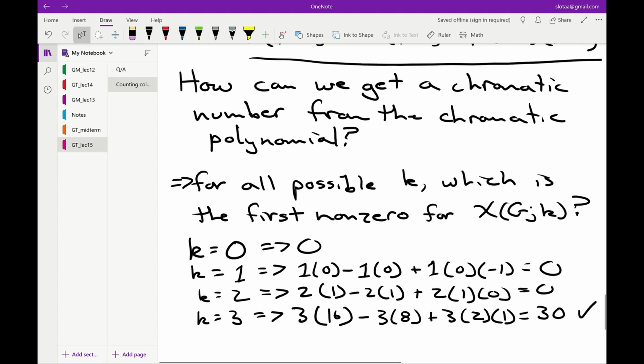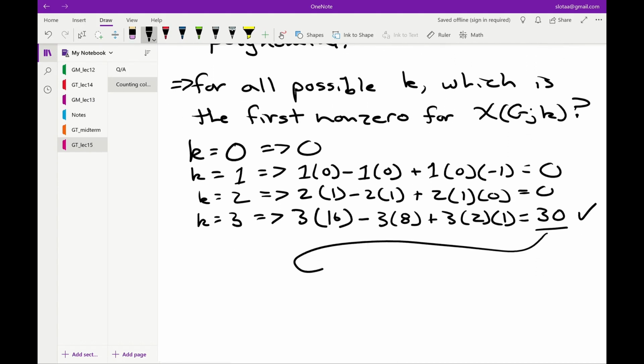So in this instance, this implies the chromatic number of G equals 3.